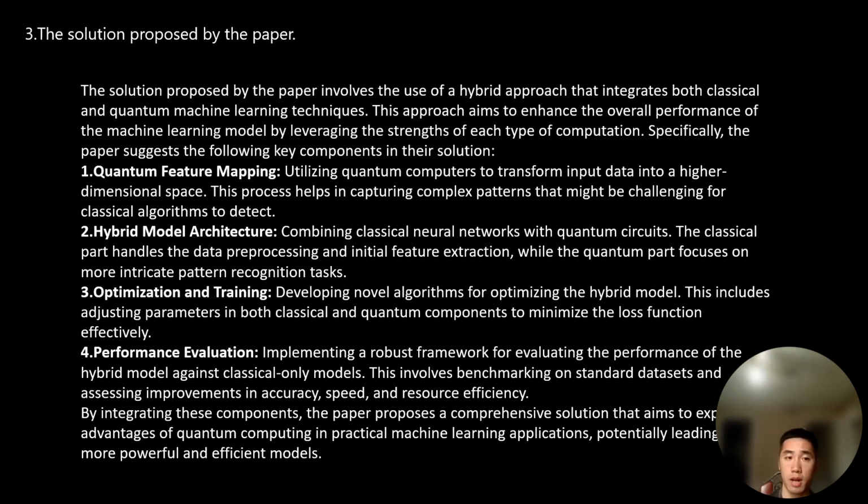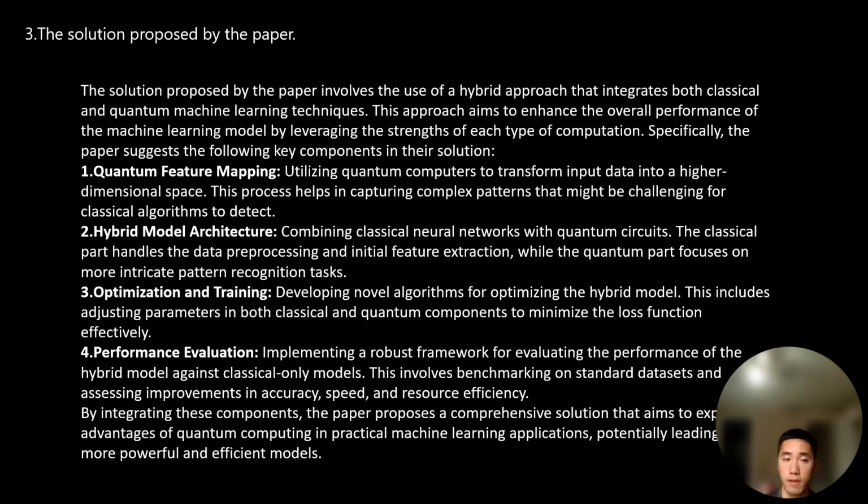The classical part handles the data pre-processing and the initial feature extraction, while the quantum part focuses on more intricate pattern recognition tasks. Then optimization and training, developing novel algorithms for optimizing the hybrid model. This includes adjusting parameters in both classical and quantum components to minimize the loss function effectively.